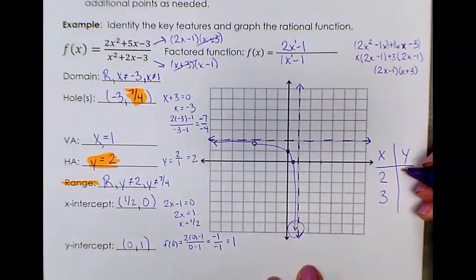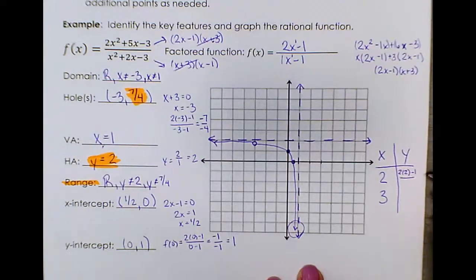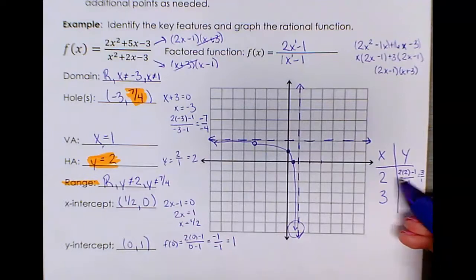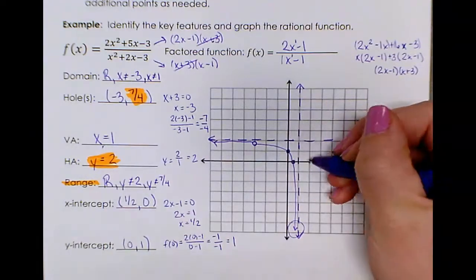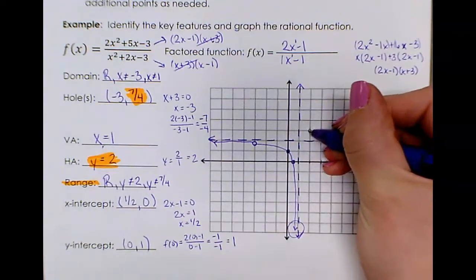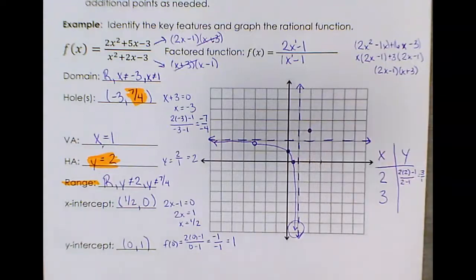So 2 times 2 is 4. 4 minus 1 is 3. And 2 minus 1 is 1. So that y value here is just 3 over 1, or 3. So the ordered pair is 2, 3. 2, 1, 2, 3. Perfect. There's a point on the hyperbola.